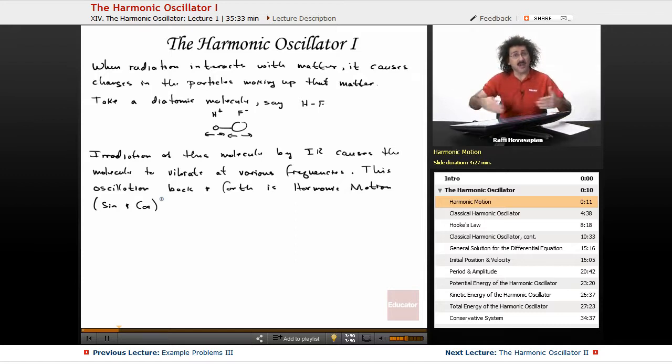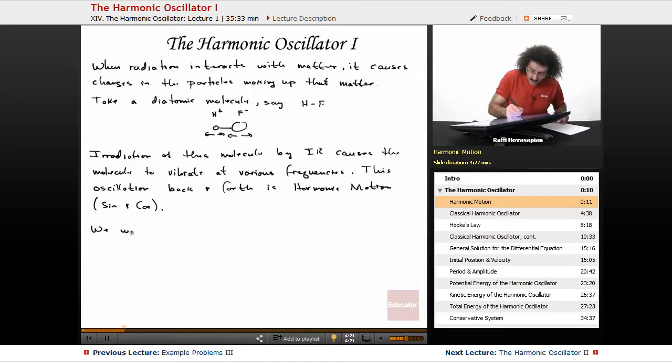Harmonic means periodic, repeating, just back and forth, back and forth. That's all harmonic means. Now, we want to examine this harmonic behavior, and we want to examine the quantum mechanical harmonic oscillator. But we're going to begin with the classical harmonic oscillator and then move on to the quantum mechanical one. We'll get a lot of information by actually studying the classical harmonic oscillator.